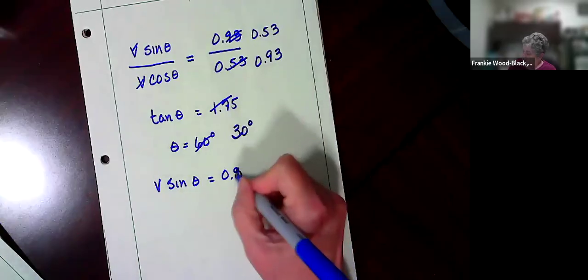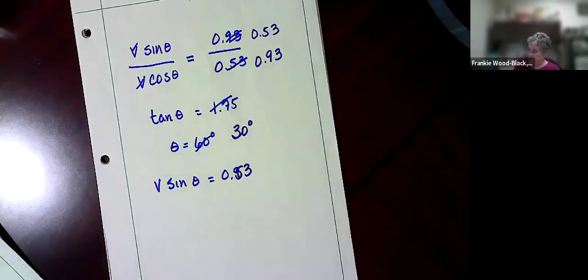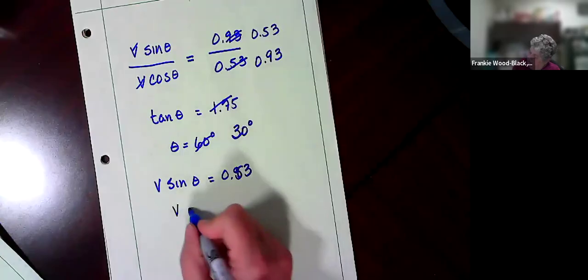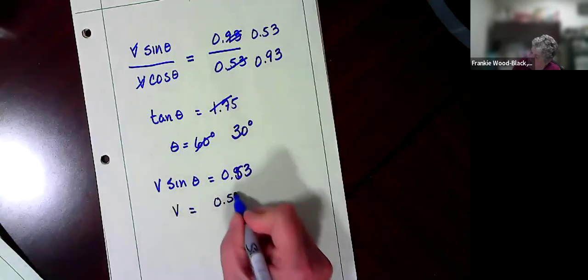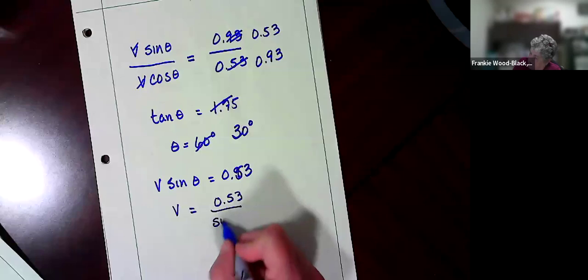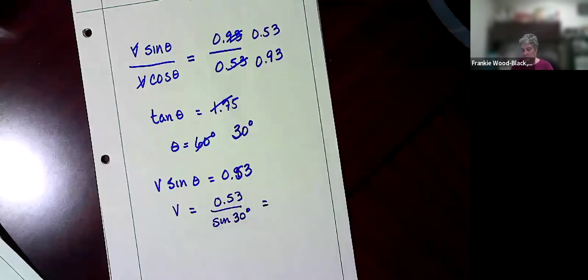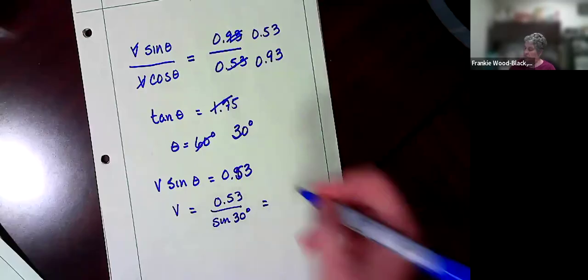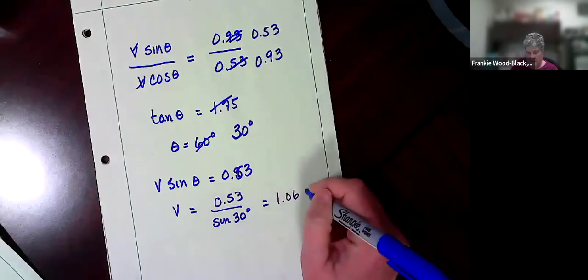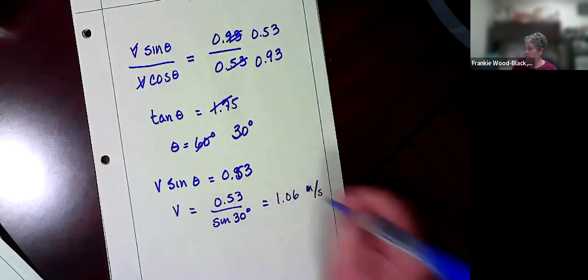And this is going to be 0.53. So v is going to equal 0.53 divided by the sine of 30 degrees, and I get 1.06 meters per second.